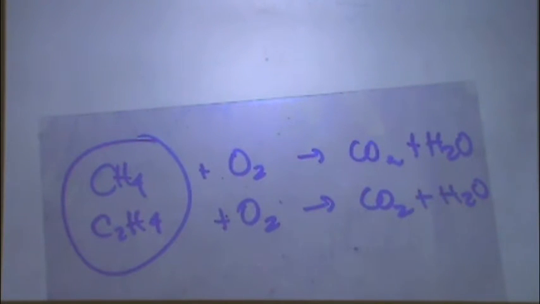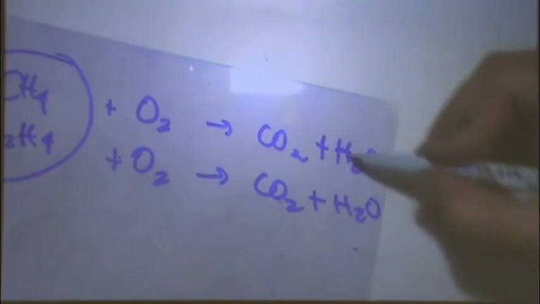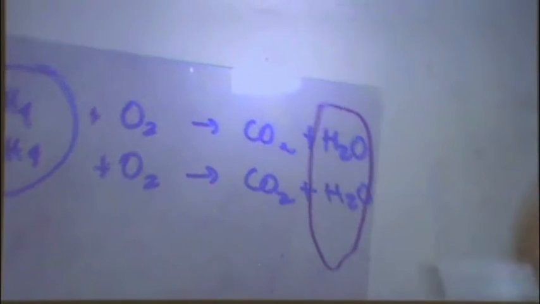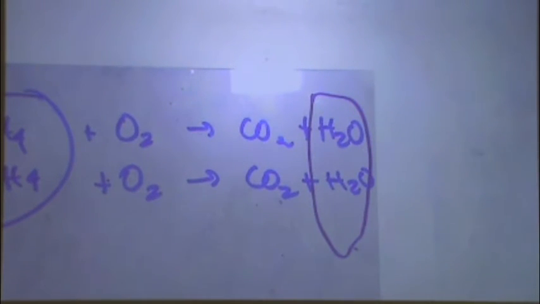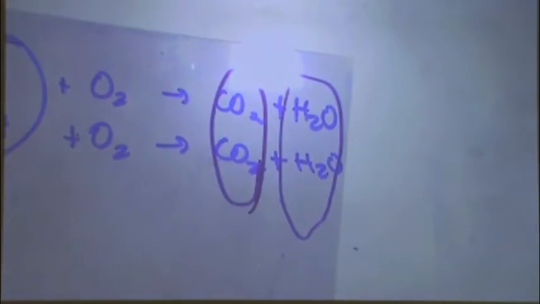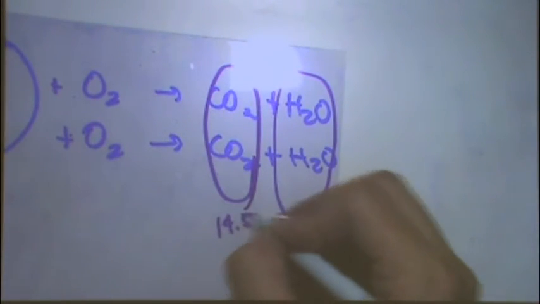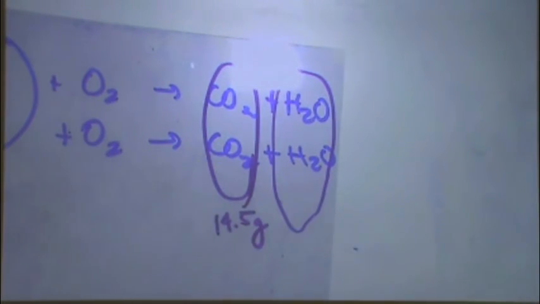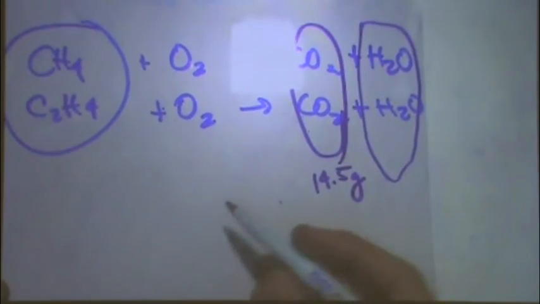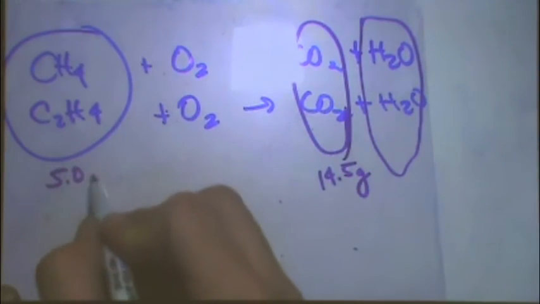Okay, cool. So then, this here, all of this H2O there, where is that number? Oh, we don't have that number. We have the CO2. Shoot, I circled the wrong one. CO2 is 14.5. Okay, so the sum from both reactions is that. And then the sum of both of these is 5.